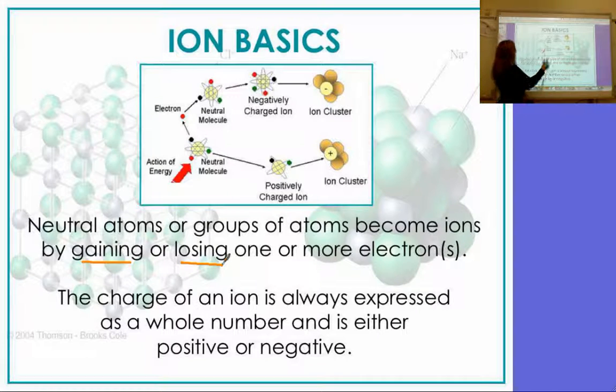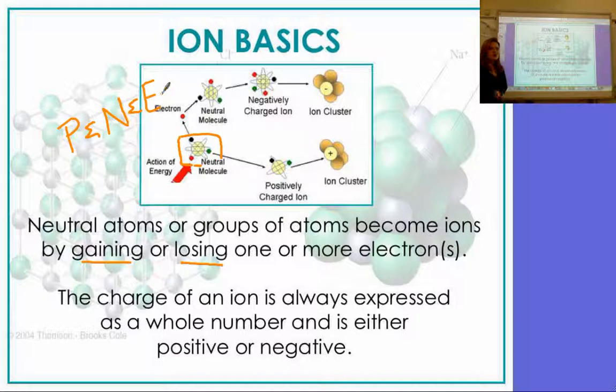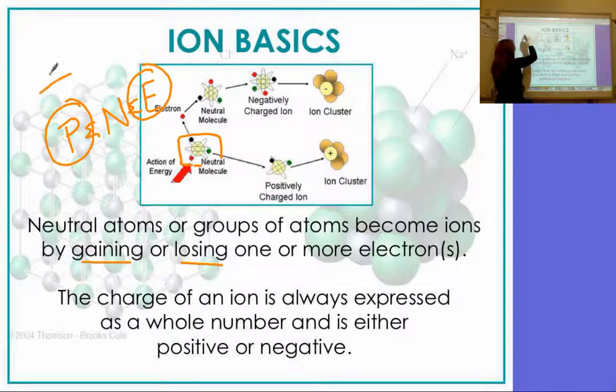Here we've seen this picture before. Here's my neutral molecule. Neutral meaning it has the same number of, in this case, protons, neutrons, and electrons. What really matters are the protons and the electrons, the positive charges and the negative charges. If it's neutral, they have to balance out.